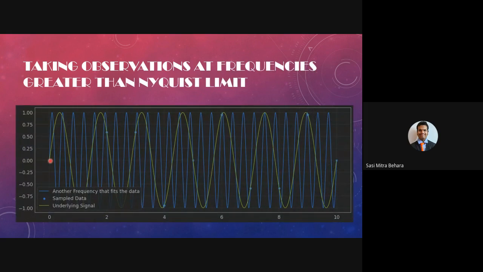Now let's take something at a frequency that's greater than the Nyquist limit. Over here, okay, this is a bit of an ugly graph, but the yellow line is basically our actual signal. I've sampled data at a frequency that is greater than the Nyquist limit.